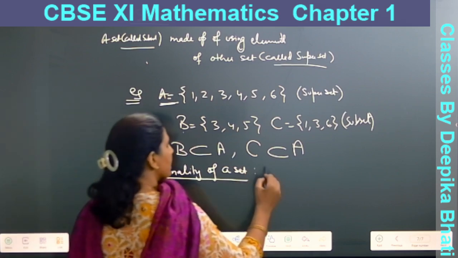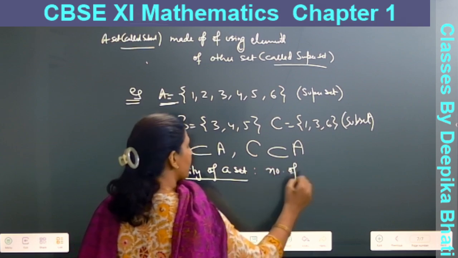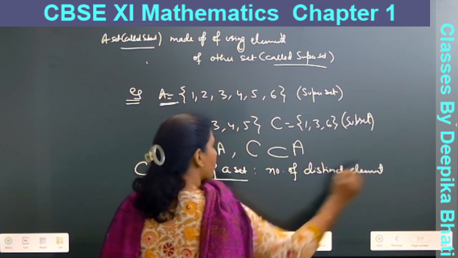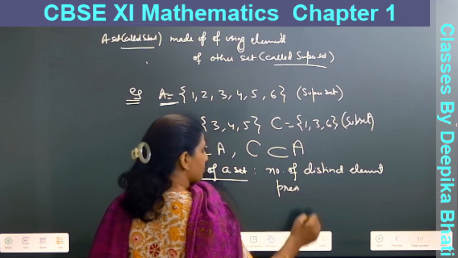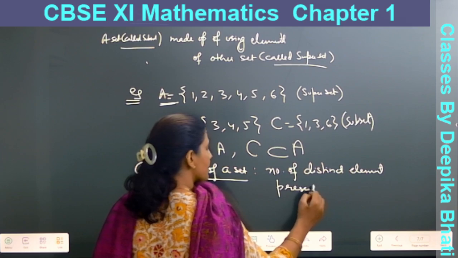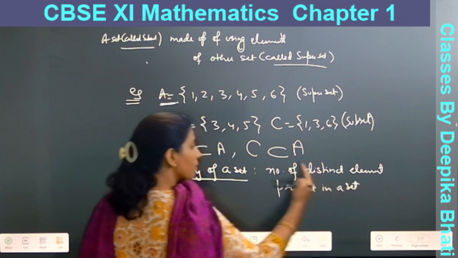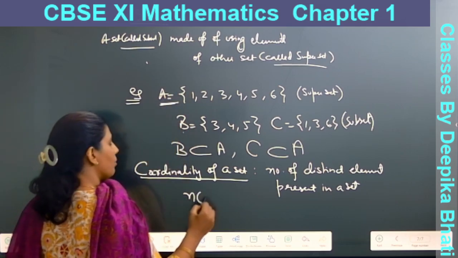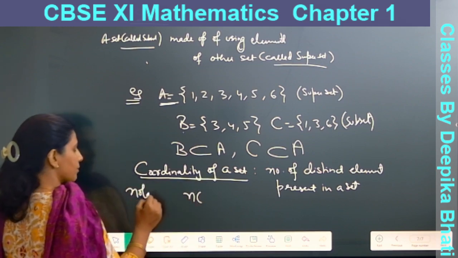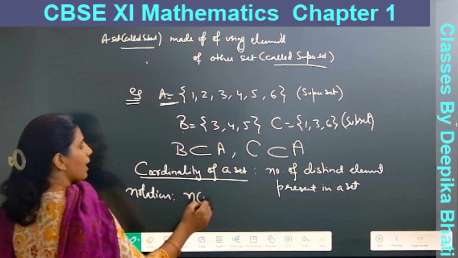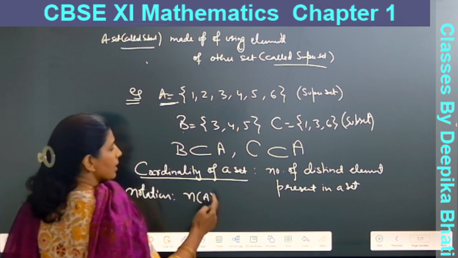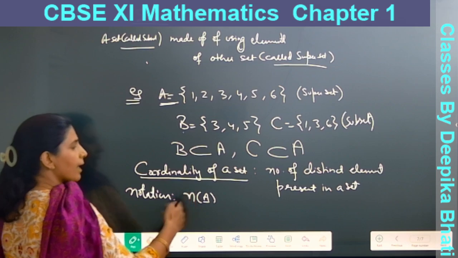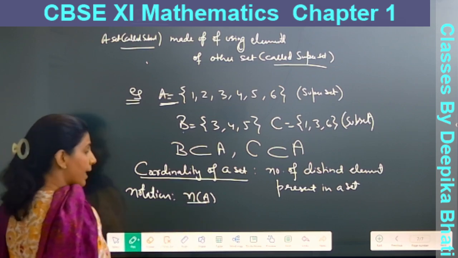Basically it's the number of distinct elements present in a set. So if I come to A, the notation we are using is n(A), n(B), n(C); we need to keep the set we are talking about. So if we need to find the cardinality of set A, we write n(A).